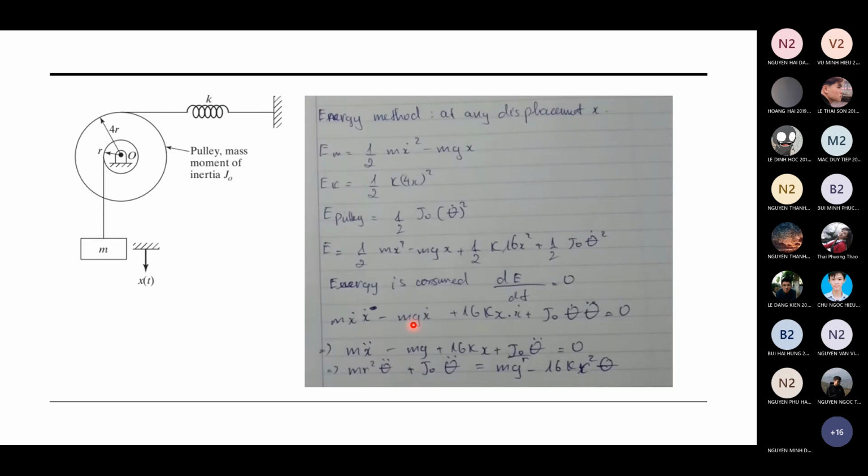Why do you give me two ways, two methods to derive the equation of motion? Is there any explanation for me? And does anyone understand what you have already written for me?